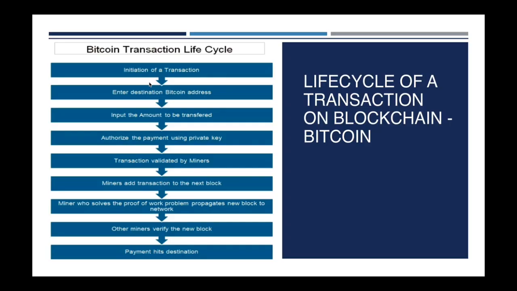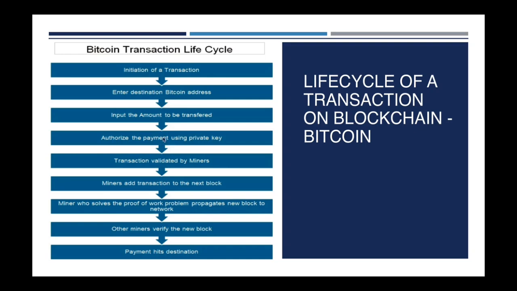As you already know, Bitcoin is a currency transfer platform. A peer initiates the transaction, enters the destination Bitcoin address, and also enters the amount that he wants to transfer to the destination Bitcoin address.